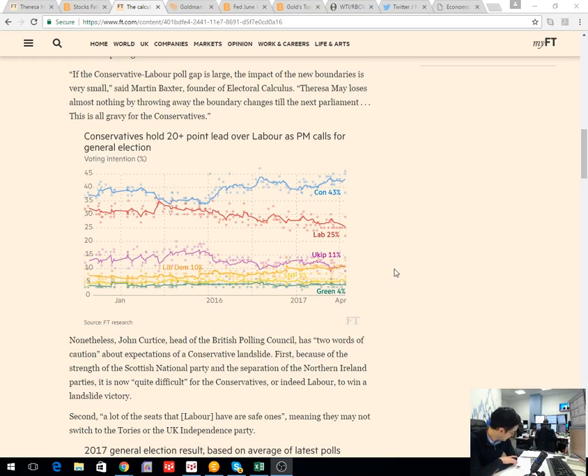Now, don't forget that during the actual EU referendum, the Conservatives led Labour by 3 points. Now it's 20+. It's a substantial difference where Corbyn and the Labour Party really have not been able to piece together any type of credible alternative to the government.